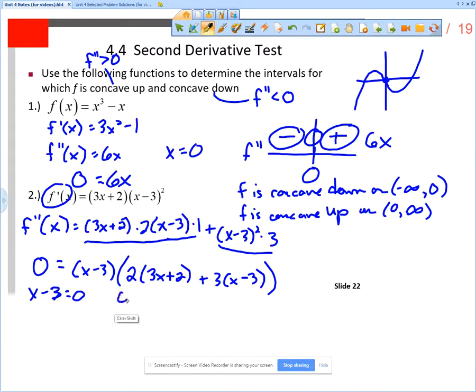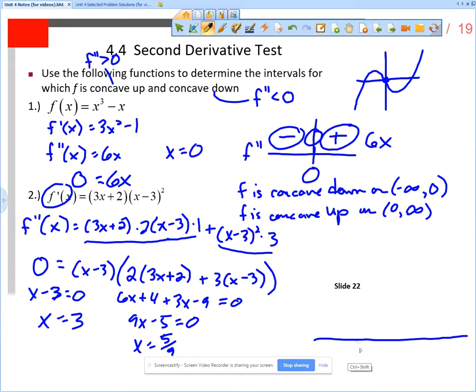So I'm going to distribute here: 6x plus 4 plus 3x minus 9 equals 0. All right, so x minus 3 equals 0. That means x equals 3. And over here, 6x plus 4 plus 3x minus 9 becomes 9x minus 5 equals 0. So x equals 5/9.